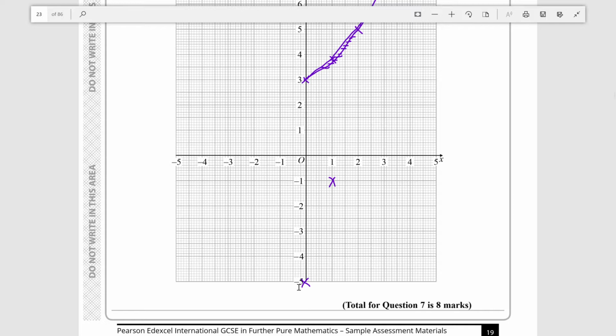Alright, I will try my best to do this. Okay, it should be a bit steeper. Bit steeper still. Forgive me for taking so long.